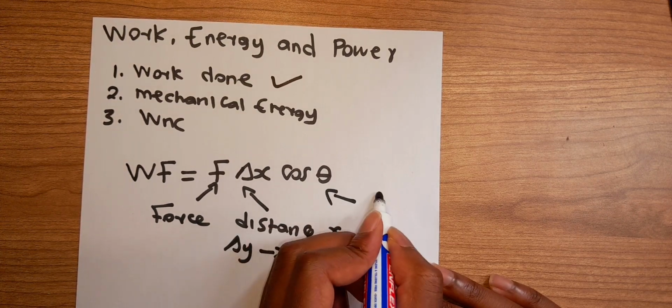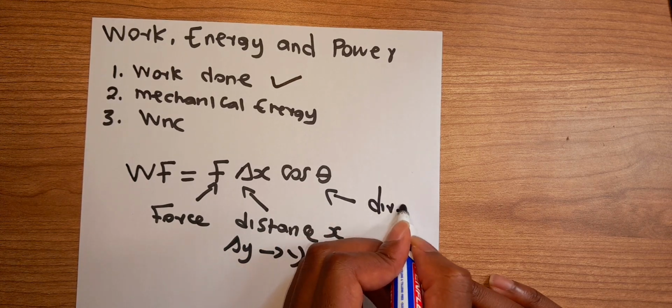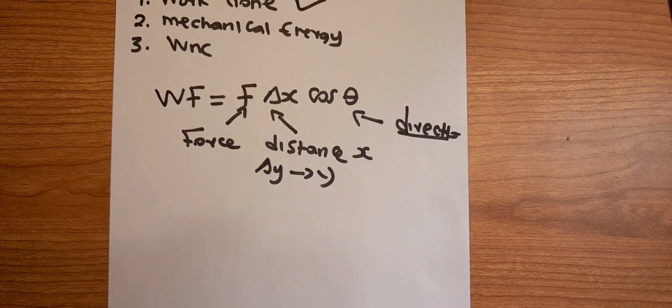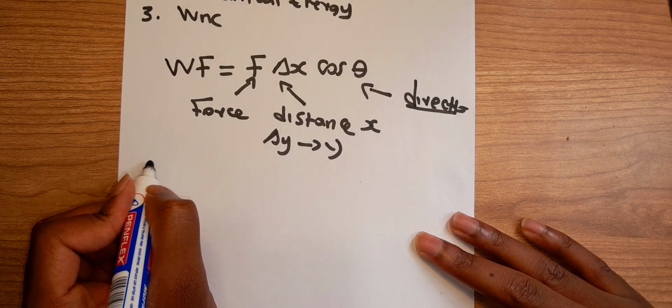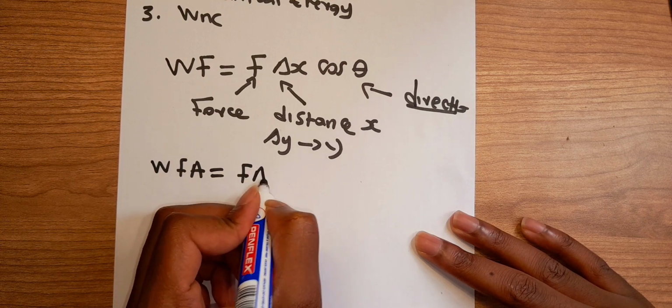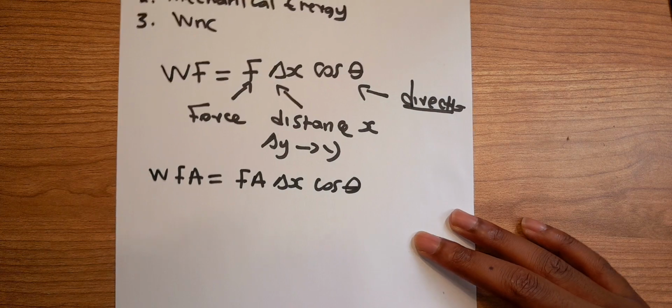The cos of theta refers to the direction, so theta means the direction. So if we want to calculate the work done by the force applied, we say force applied times change in x times the cos of theta.